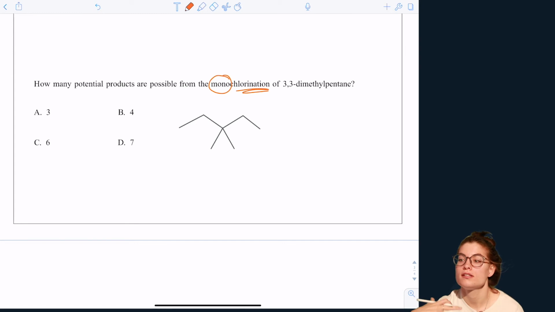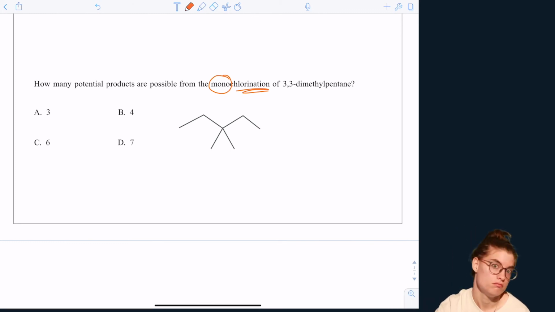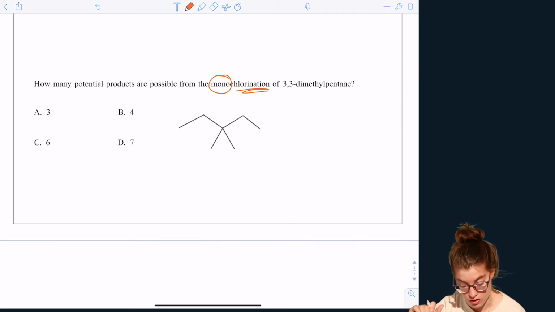Of course, you're going to get more products where there's a more substituted hydrogen, but you will still get products in less substituted positions. So in this problem, we're going to look at all the possible places where the chlorine could go.